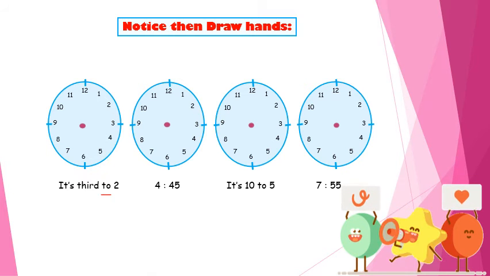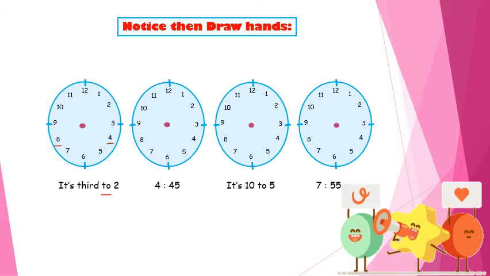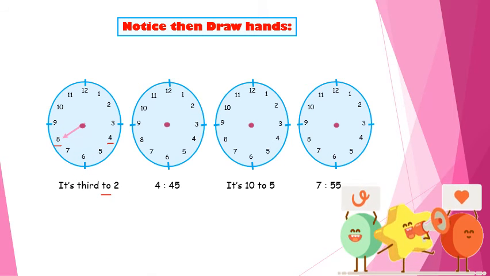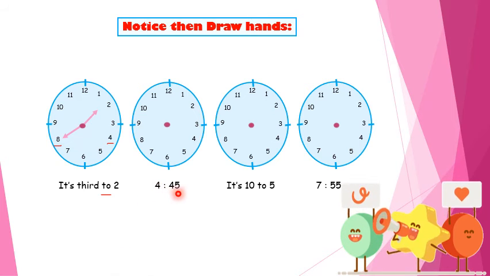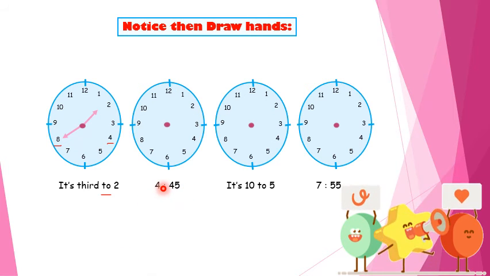I know that here the third is on 4, so the third here must be on 8, because it's like the mirror of it, so the long arm will be on 8. And it's 32, so it's going to reach 2, so it's between 1 and 2, it didn't reach 2 yet.